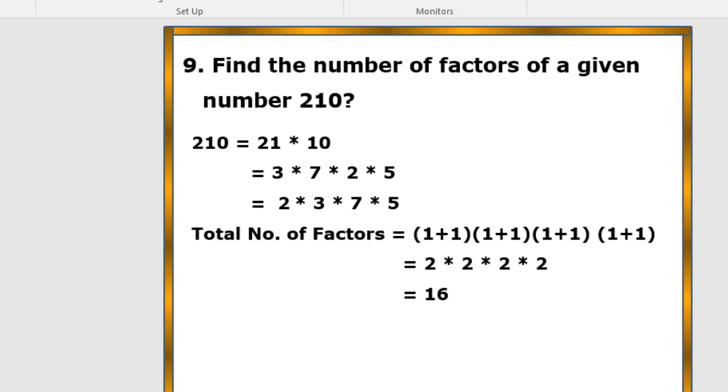The common multiple between both the numbers, that is called LCM. Factorial is applicable for only one number, not for two numbers. Any doubts, ma? So tomorrow I will take LCM and GCD. Tomorrow class, ma. Any other?